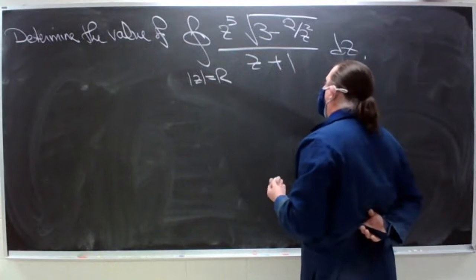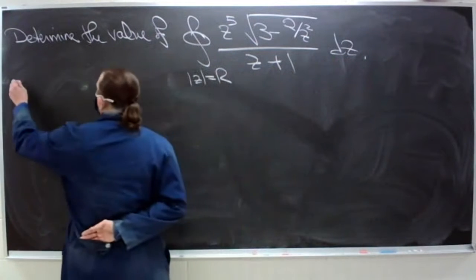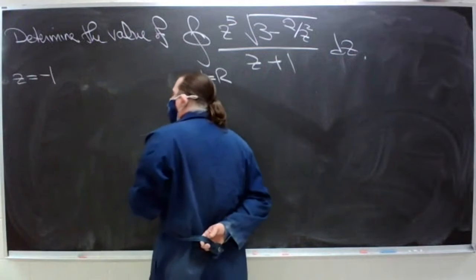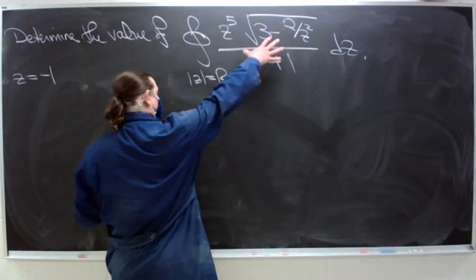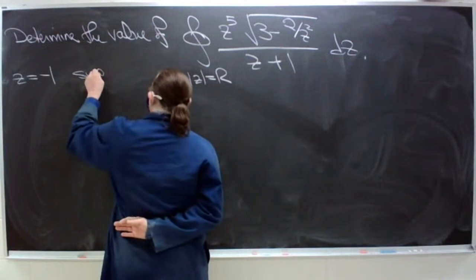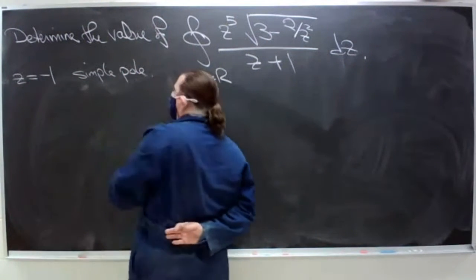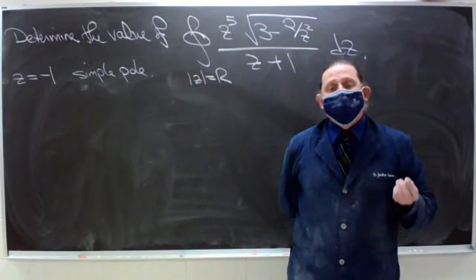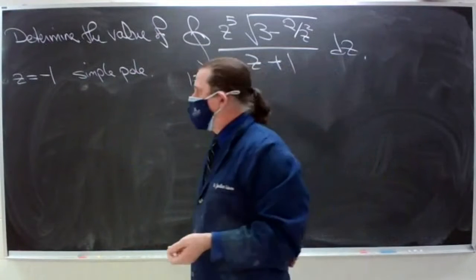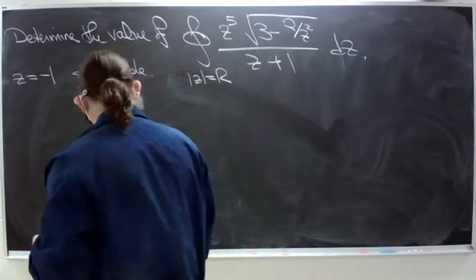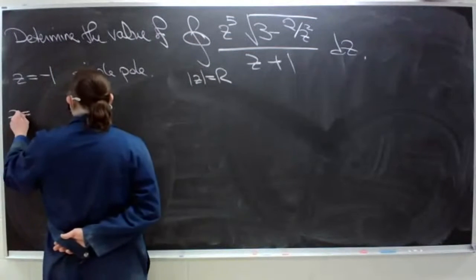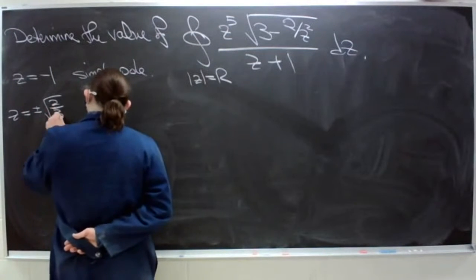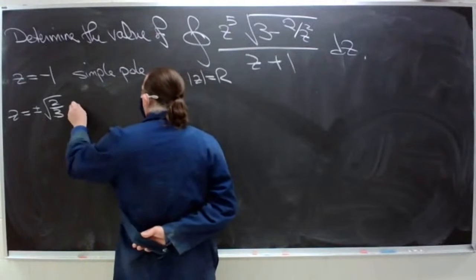All right, so let's analyze where our problem points are. We have z equals -1, which I hope everybody can agree is a simple pole, a pole of order 1. Then we have z squared equals 2/3. These are branch points.